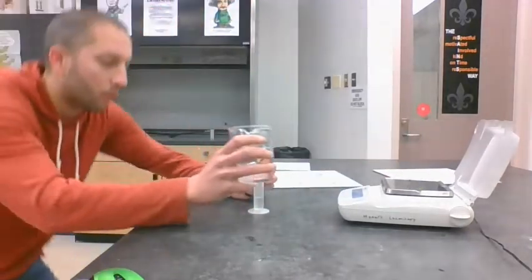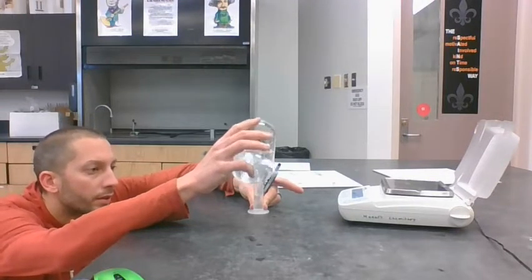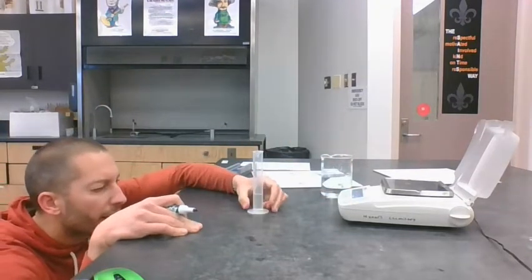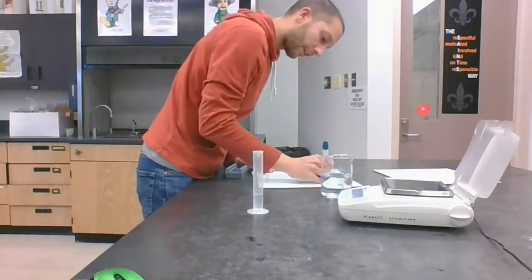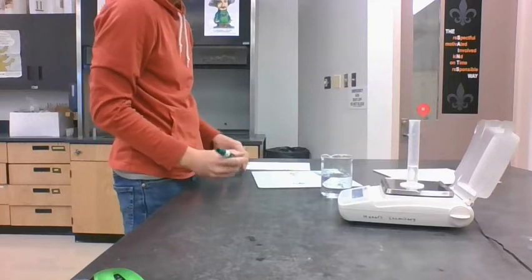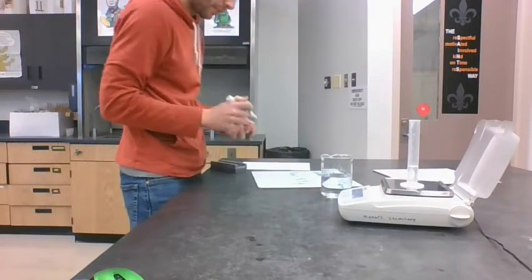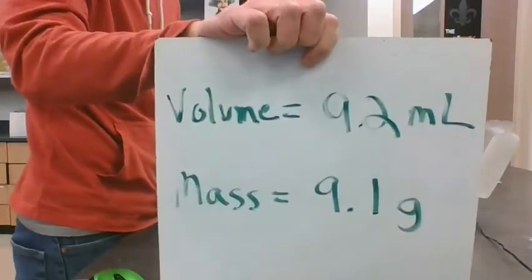I'm going to add a little bit more water to that. All right, and now it's at 9.2 milliliters for the volume, and that's going to give me 9.1 grams.